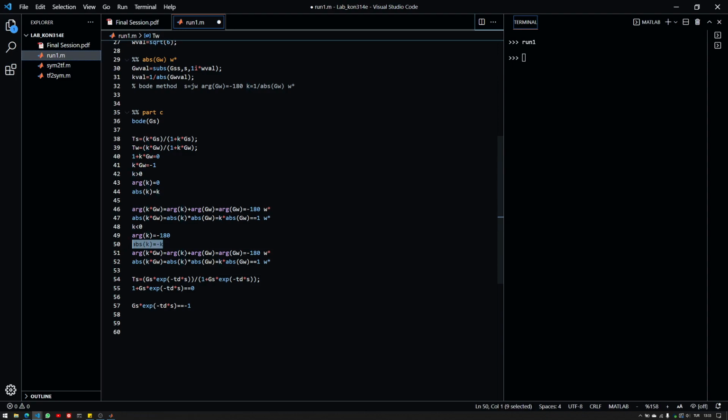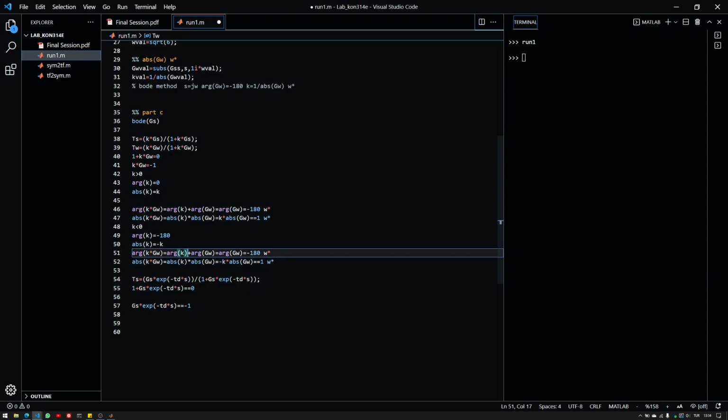So this expression here is quite easy if you think about it. We have minus 2, and all that we say is it should be the negative of minus 2, which gives us a positive 2, which is obvious, but maybe not symbolically. So therefore, we say that the argument of k is 180 or minus 180 degrees, and the absolute value of k is minus k.